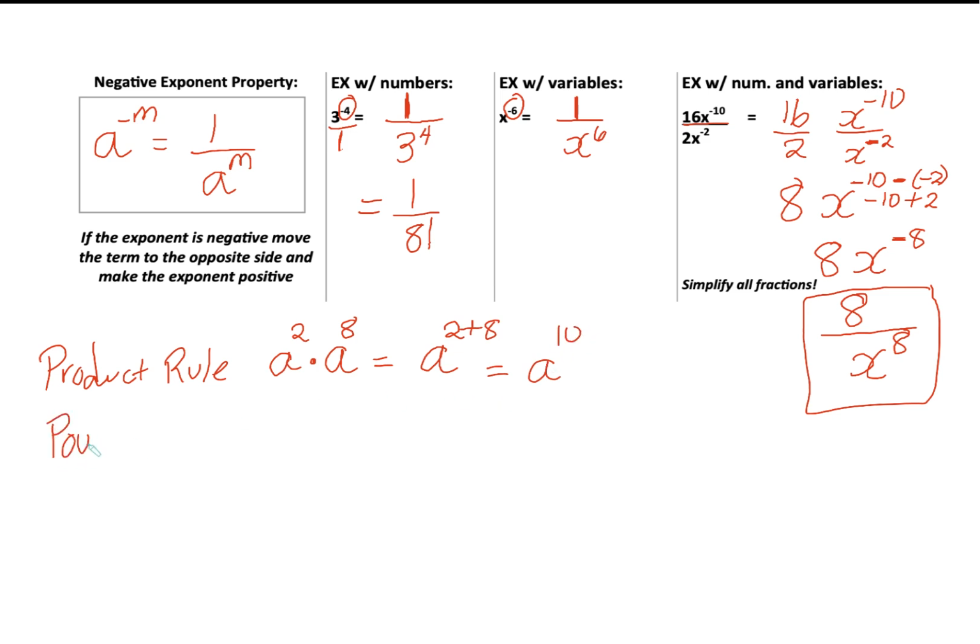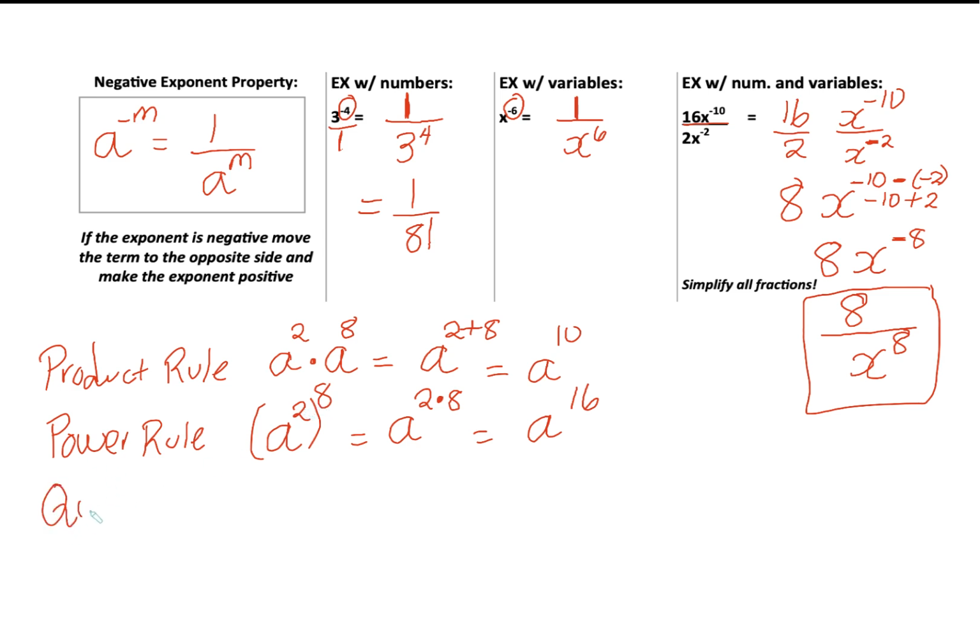Now remember, with the power rule, you have 2 exponents. So if you have a to the 2nd, so you have an exponent on the inside raised to an exponent on the outside, you keep your base and you multiply 2 times 8. Your answer is a to the 16th power.